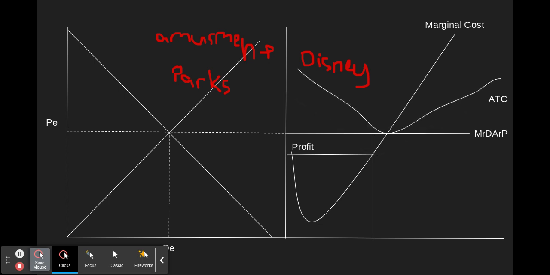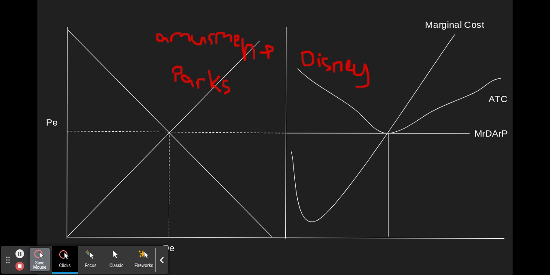Then we get to a perfectly competitive market, or long run. In the long run, the ATC, the average total cost, is perfectly in line with the price. That means they are making no profit from being in the market.